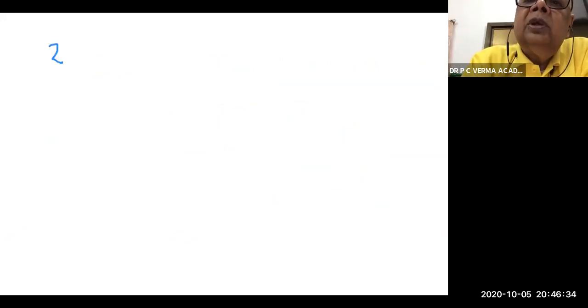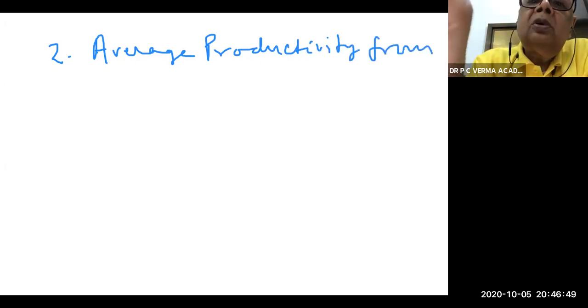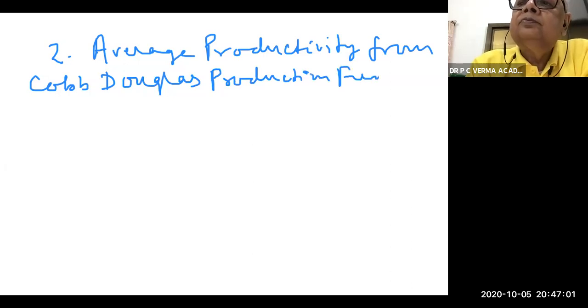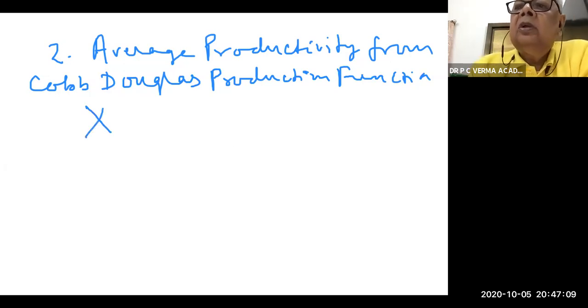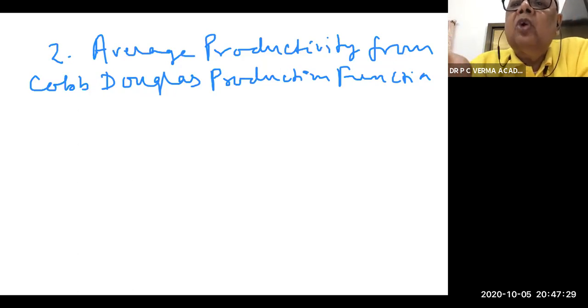Number 2, average productivity from the Cobb-Douglas production function.